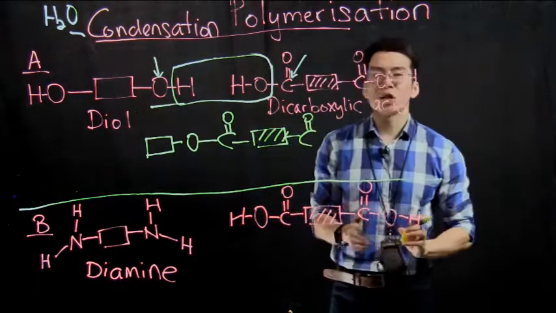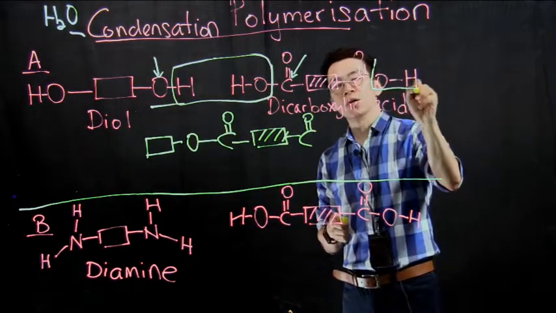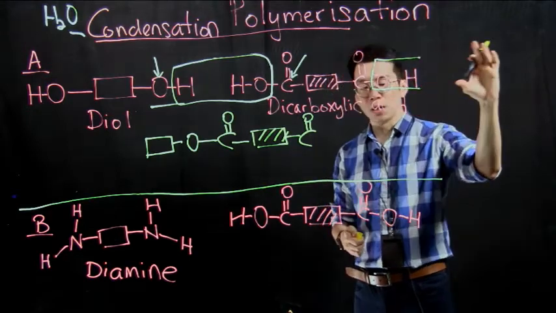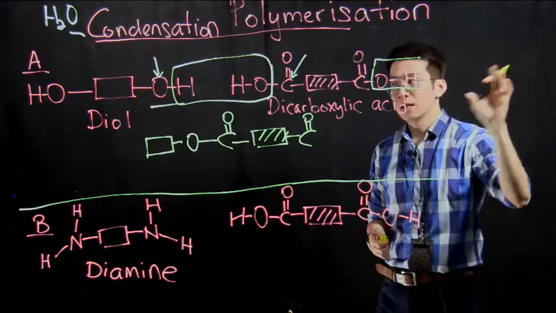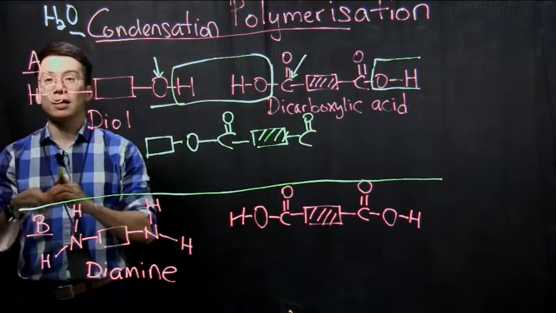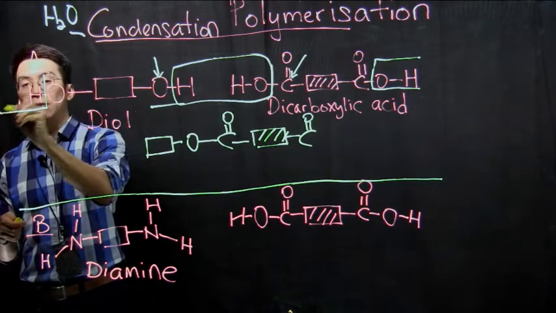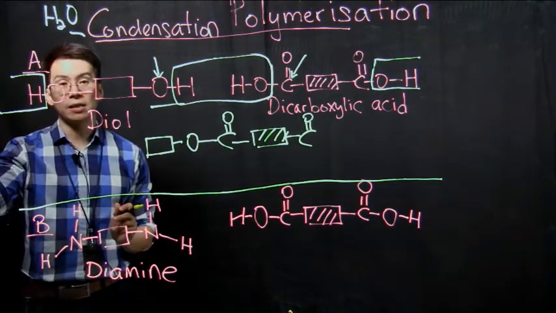Now imagine to this side here, the OH can also be removed to form water molecules with another diol over here. Similarly, on this diol, this hydrogen here can also be removed to form another bond with another dicarboxylic acid.